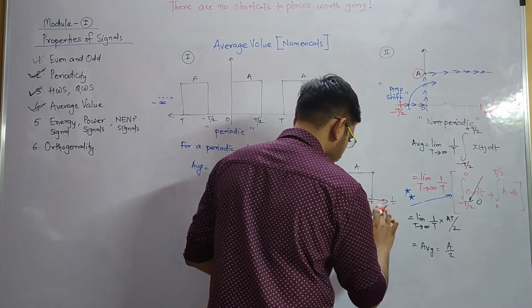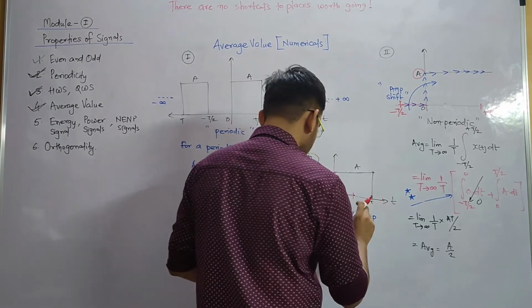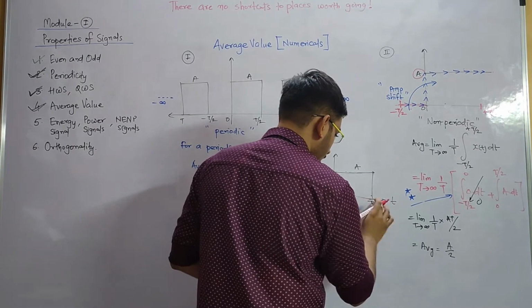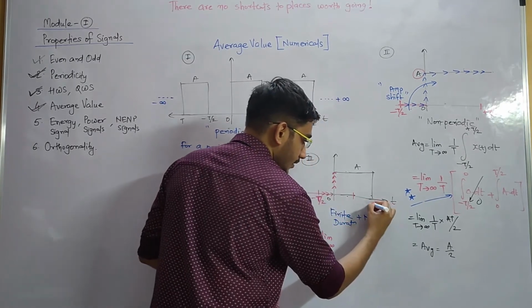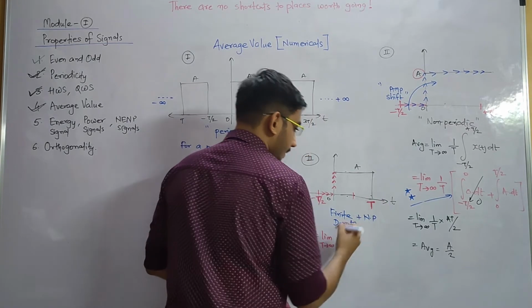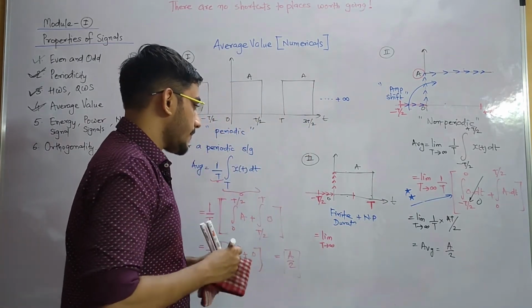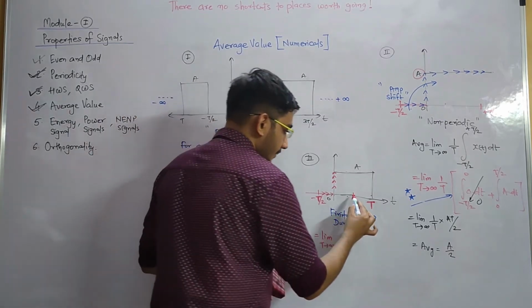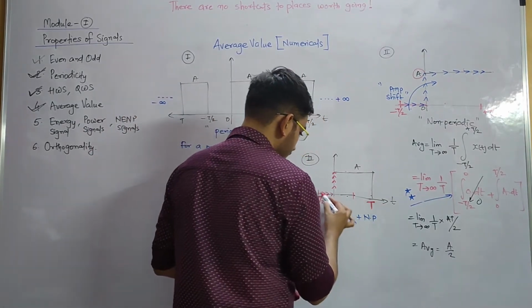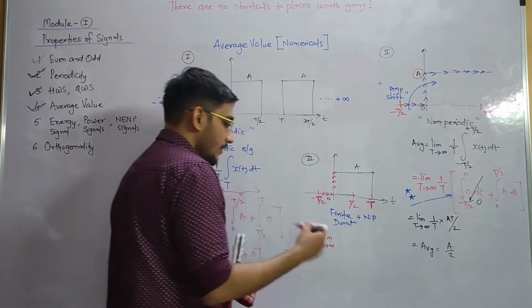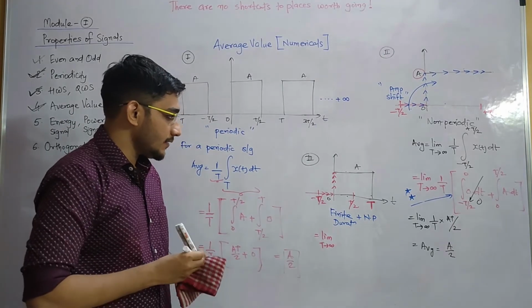This is capital T only. Actually, we can't put T by 2 here because this is capital T, so T by 2 will have to be here, but we have to compute all of this.